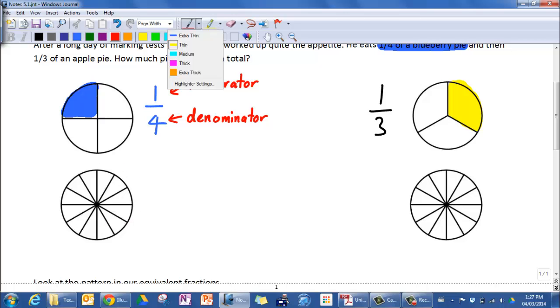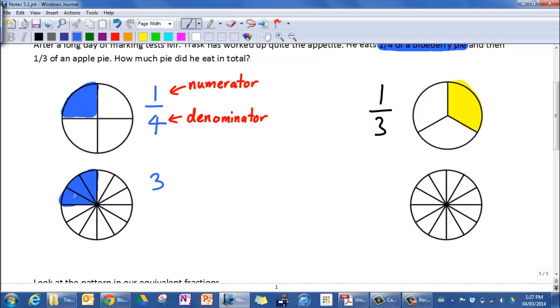And the question I could ask myself is, when I look at a quarter, how many pieces of this other pie is that going to represent? So if this is my quarter right here, you can see that that's going to represent this same shape right here. And the question would be, well then how many pieces of this pie do we have? There are 1, 2, 3 pieces in that pie.